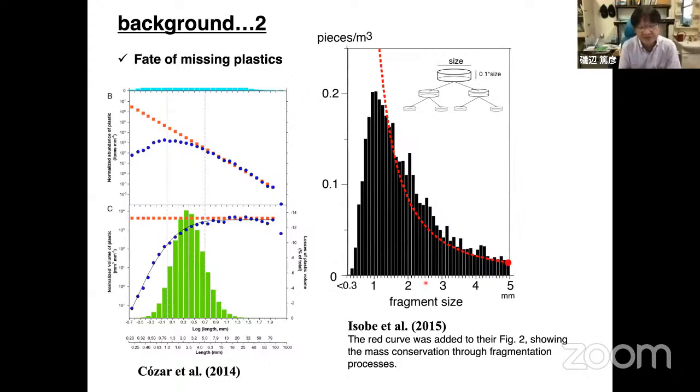Over about 5 years, we used all microplastic data to depict this bar chart. The bar chart shows pieces per cubic meter of seawater volume, and the horizontal axis shows the fragment size of each microplastic.